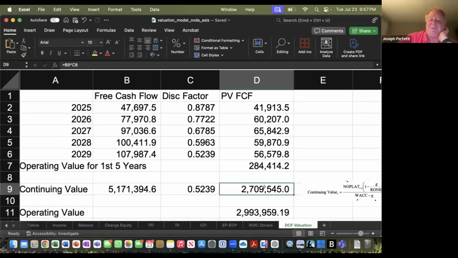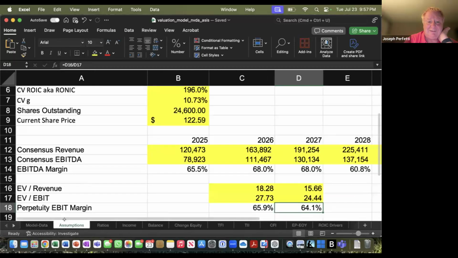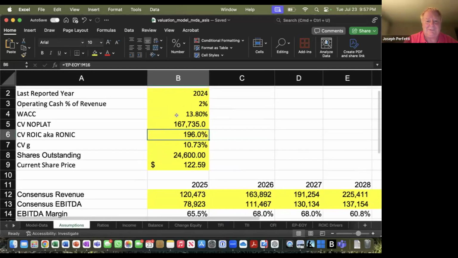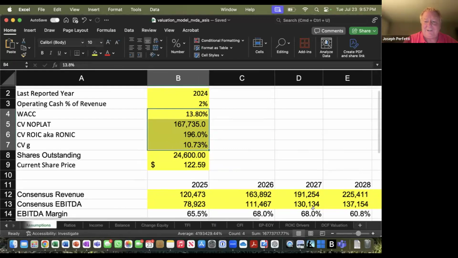The perpetuity is more important than the next 5 years. The 2.7 trillion, year 6 and forward, is basically these 4 numbers. These 4 numbers drive almost all the value of Nvidia.